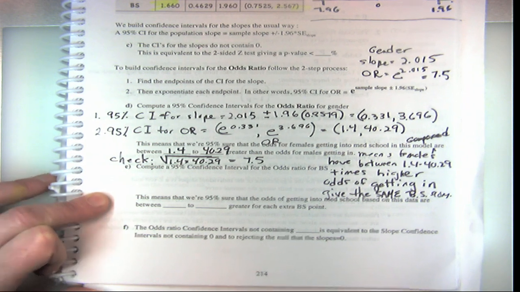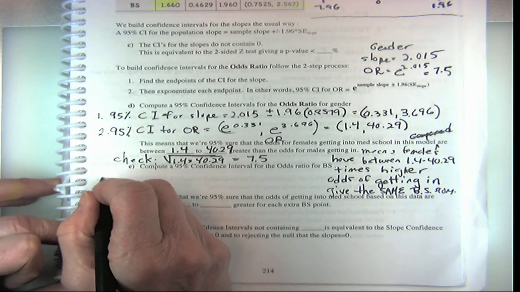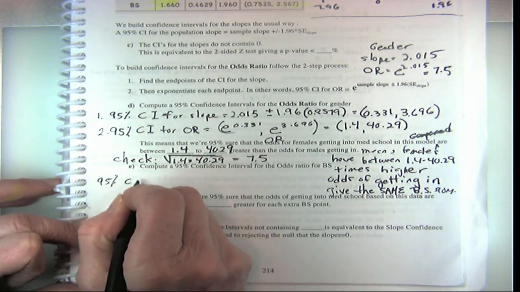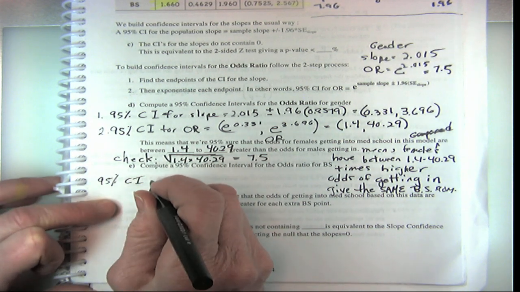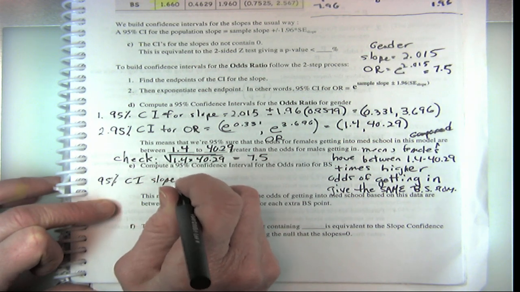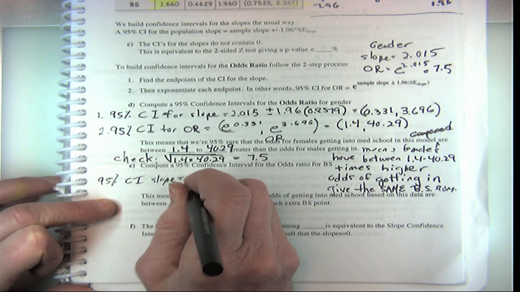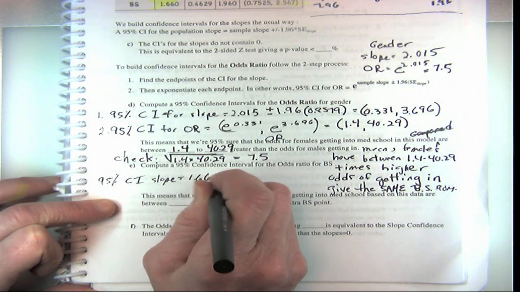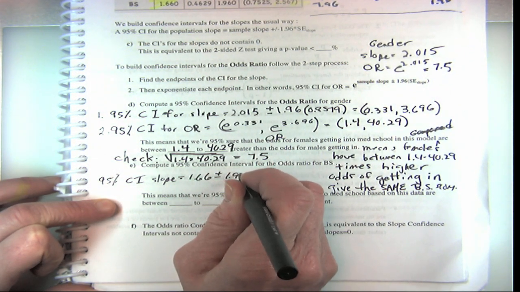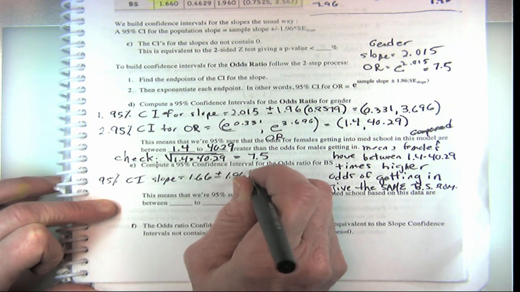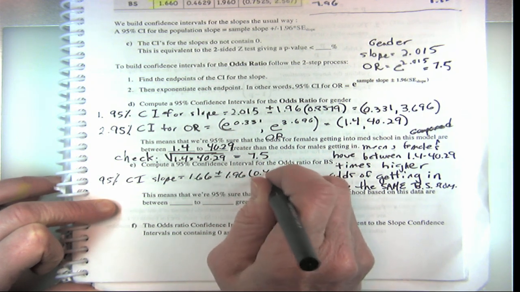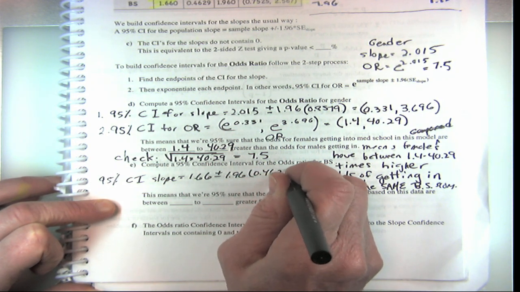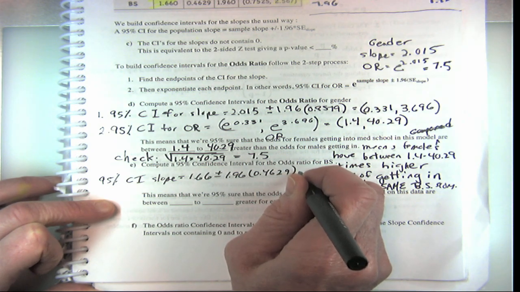So the first step is the 95% confidence interval for the slope. And that is super easy. It's 1.66 plus or minus 1.96 times 0.4629. And then we get this.